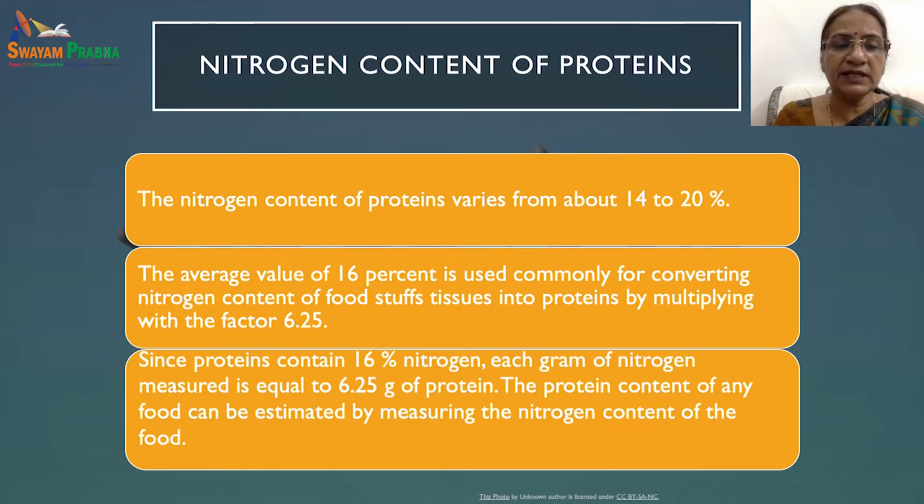Since proteins contain 16% nitrogen, each gram of nitrogen measured is equal to 6.25 grams of protein. The protein content of any food can be estimated by measuring the nitrogen content of the food.